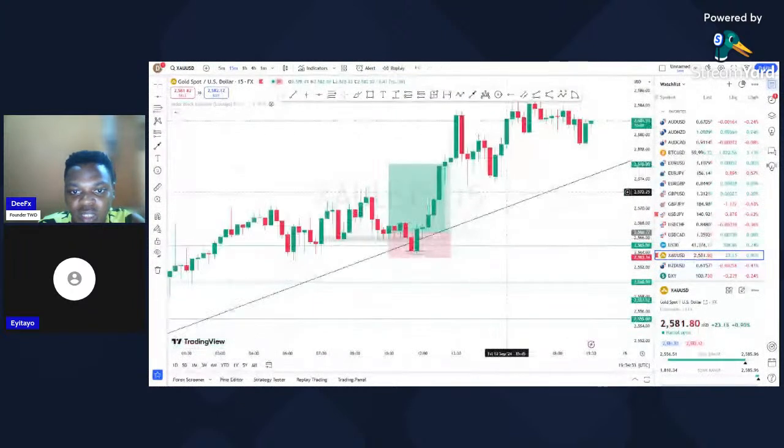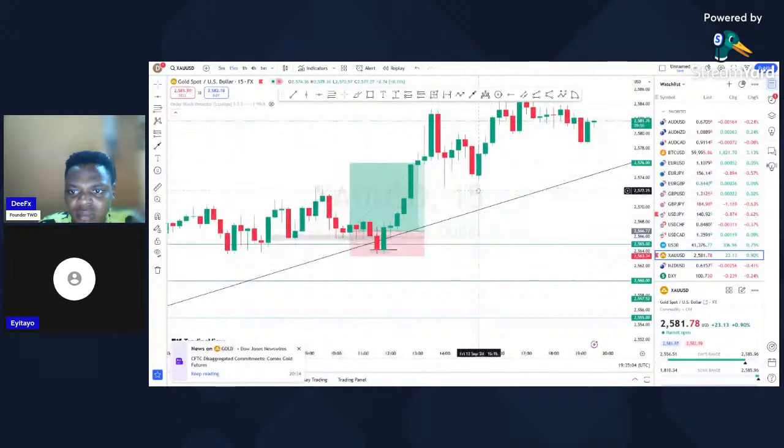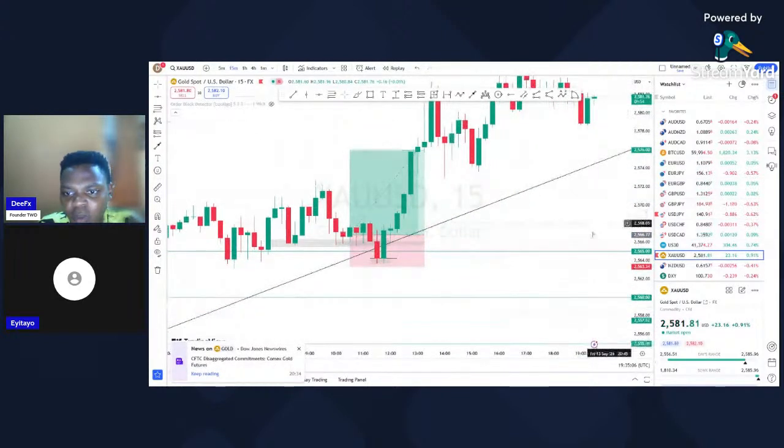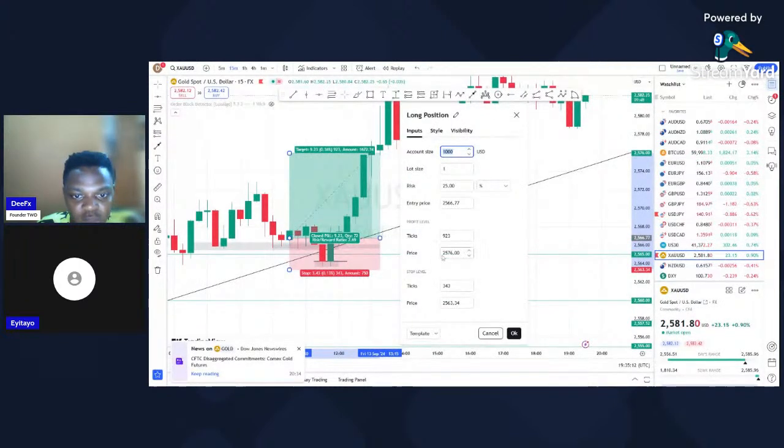You see that? So if I take this particular measure tool now and I tap on this point here, and I drag and drag, it shows me a particular number. But let's look at how you also calculate it. Now we got in right here. Our entry point is 2566.77.